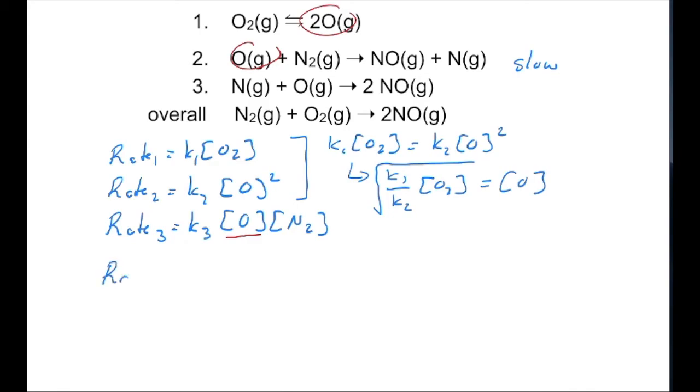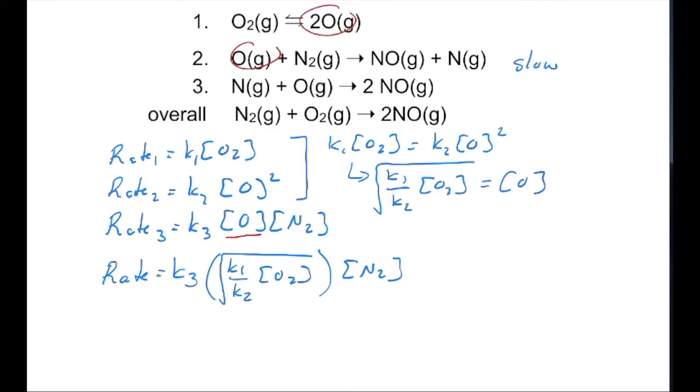So now our overall rate is going to be K3 times K1 over K2 times the concentration of O2, and this is all square root, times N2.